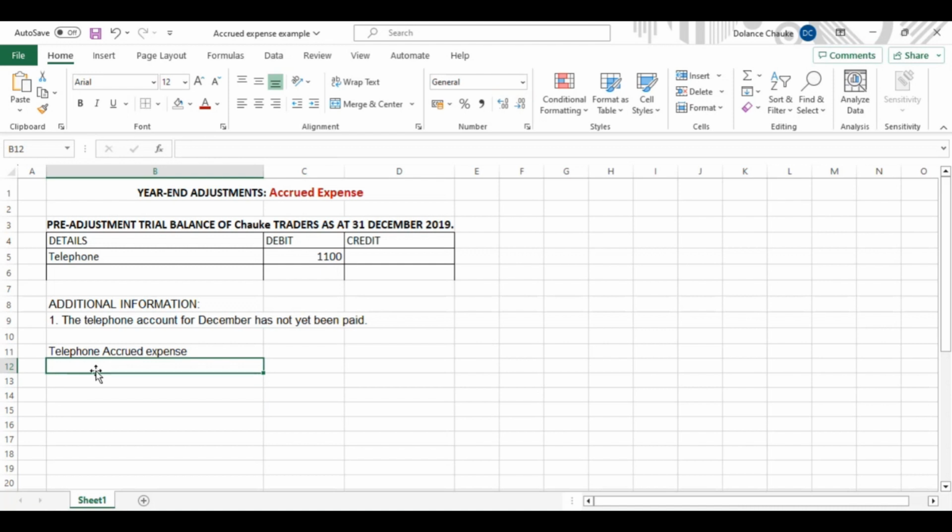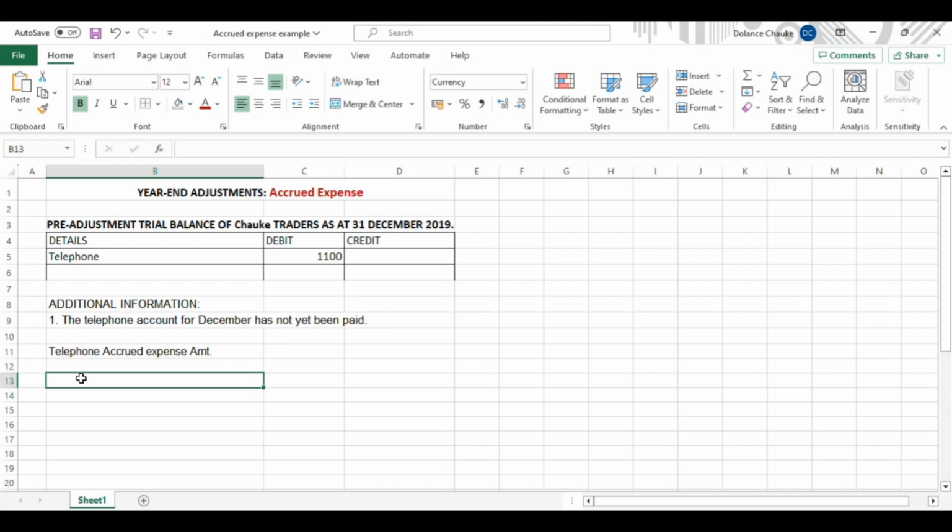The amount that we need to calculate is going to be our accrued expense, okay? So now, as I explained, the telephone amount of 1,100 that is given in the pre-adjustment trial balance is for 11 months, and there is 1 month accrued according to the transaction, which is the month of December, okay?